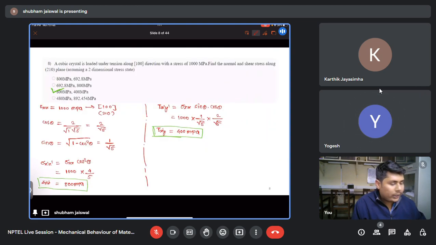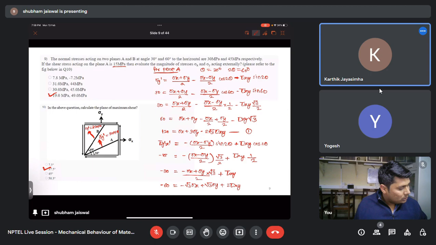So try to attend as many sessions as possible. Definitely this will help you in your exam as well. And if some of you are preparing for GATE, then this will also help, because here we sometimes tell the tricks, like how to answer the question easily and what the shortcuts are.